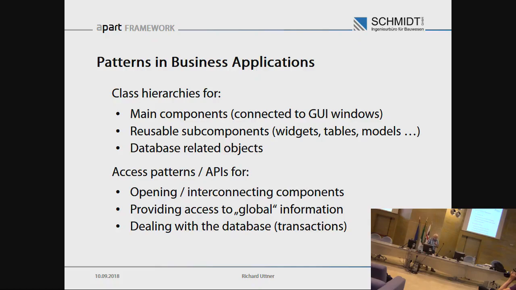Of course, we have hierarchies for database-related objects. And we also use some specific access patterns or APIs to do things within the application, like opening and interconnecting components, providing access to global information, and dealing with the database, of course. Transactions is the most important topic here.